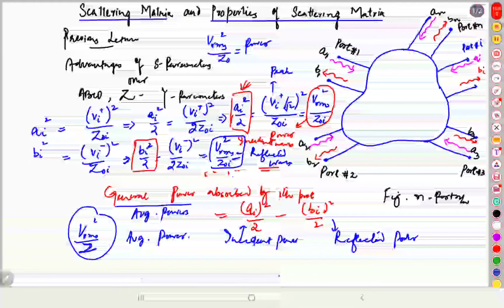It is worth mentioning here that it is the average power that has a physical significance.